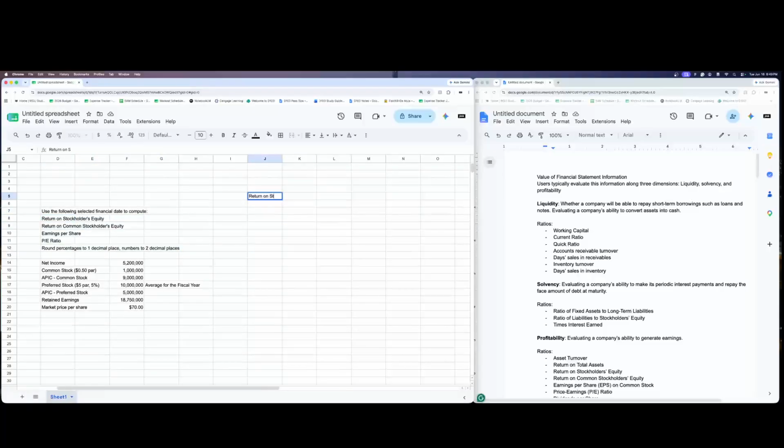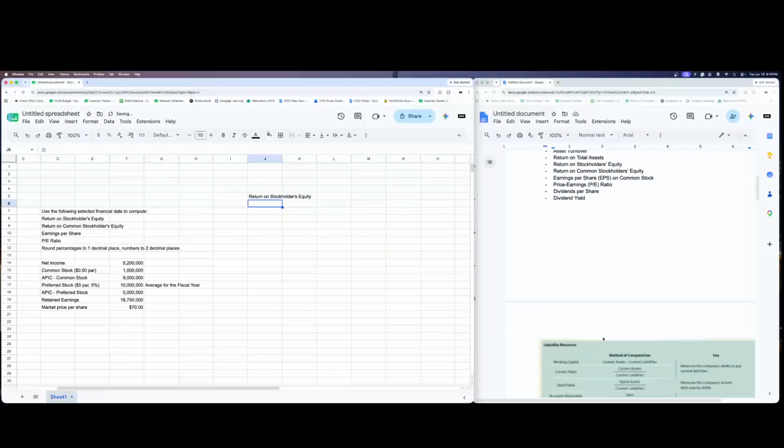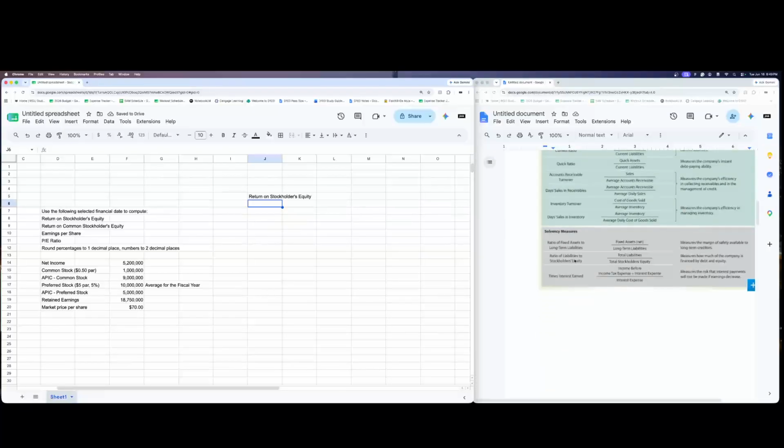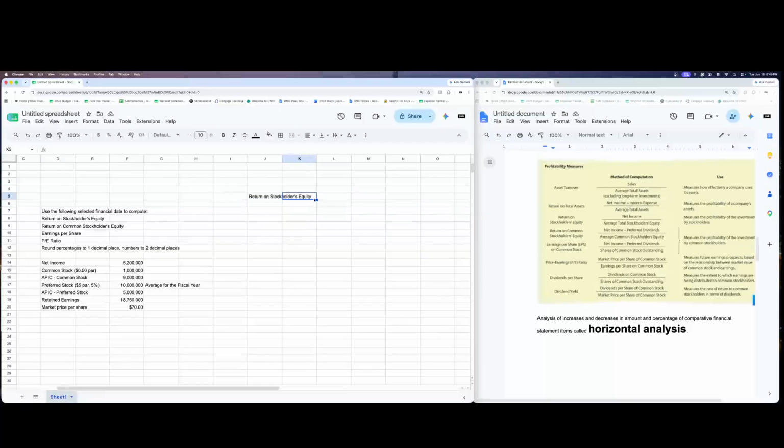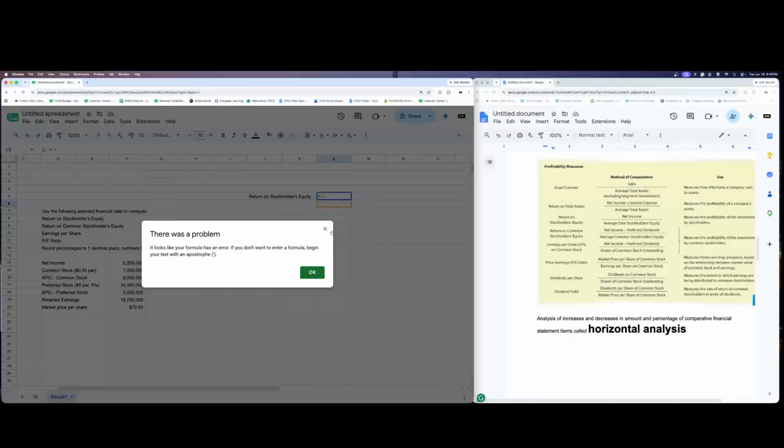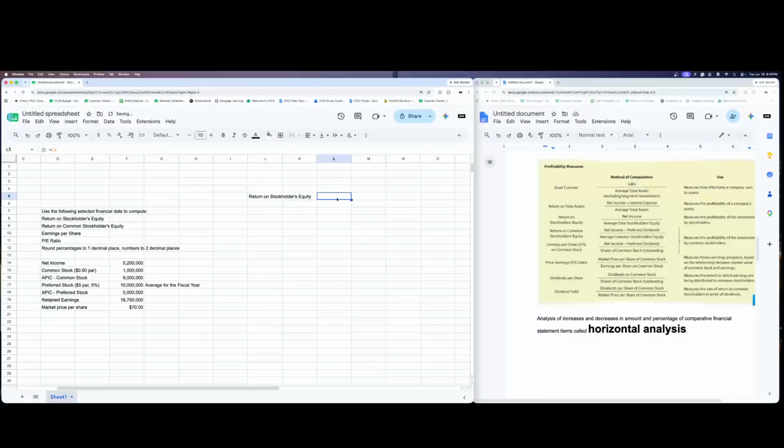The return on stockholders' equity. Okay. This ratio is net income over average total stockholders' equity.